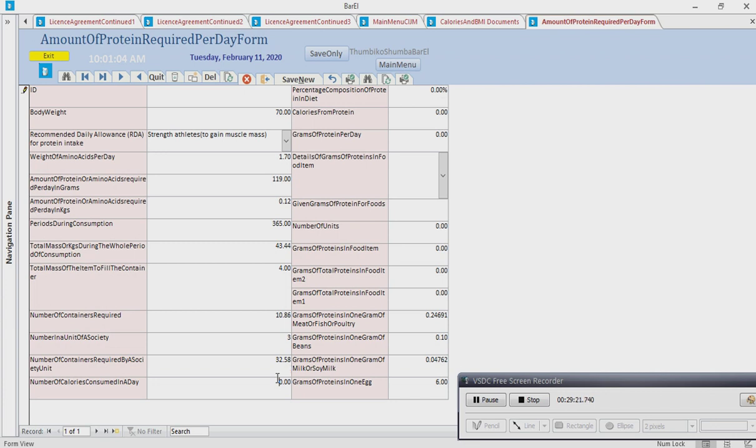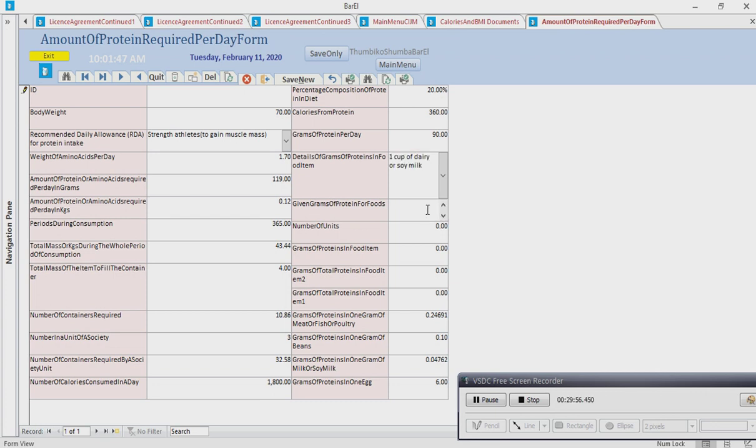Let us say the number of calories consumed in a day is 1,800. Percentage composition of protein, let us say, is 20. Therefore, calories from protein is 360, and grams of protein per day is 90. Details of grams of protein in food item. Let us pick this one.